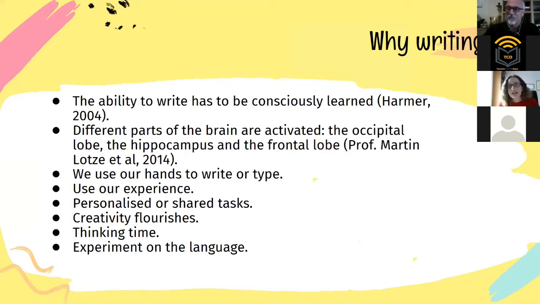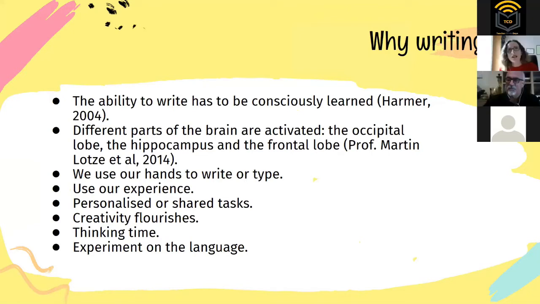A study conducted by Professor Martin Lotte in 2014 revealed that different parts of the brain are activated when we write. The first one is the occipital lobe, which is the visual processing center, and it helps visualize our ideas and interpret info from our eyes, turning it into ideas.